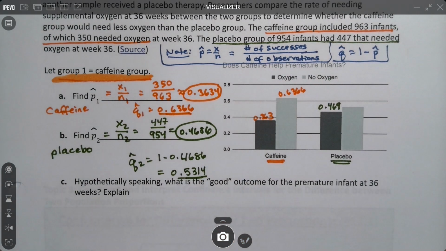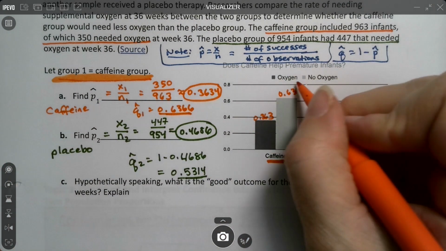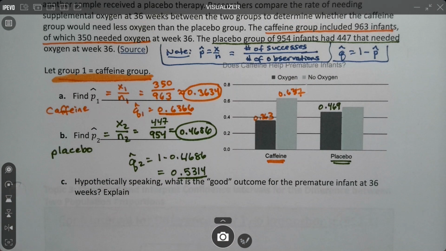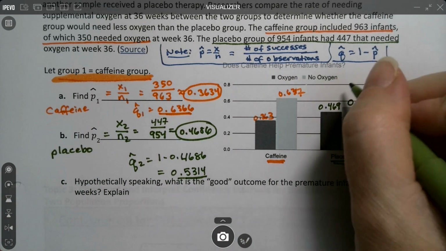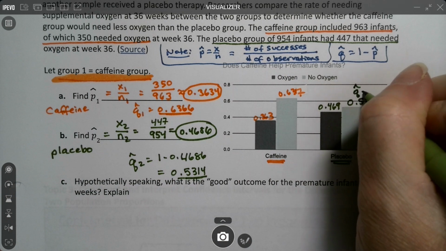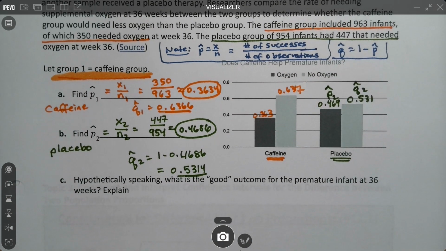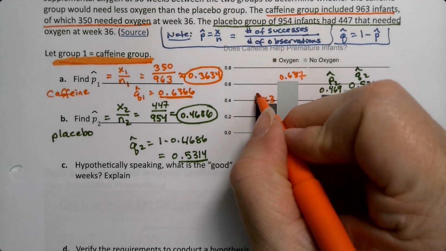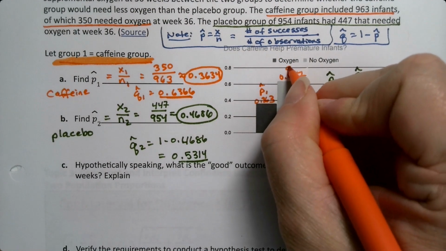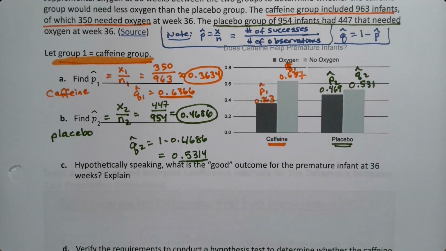Or I guess I should round it to 0.637 since I did 3 decimal places on the other one. And this one would be 0.531. Just so you guys can see, this is the Q2 hat, this is the P2 hat. That's what this is a graph of. It's a graph of those values. And this is the P1 hat, and this is the Q1 hat. Sorry, my hat got a little lost there.